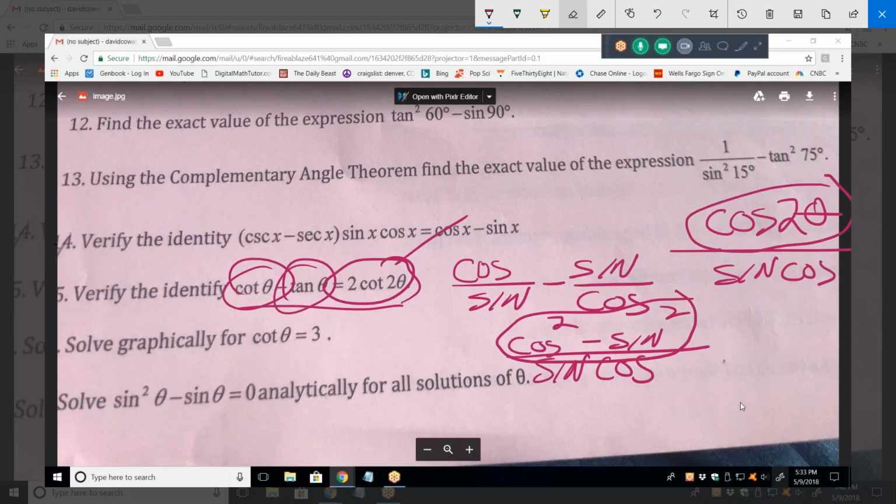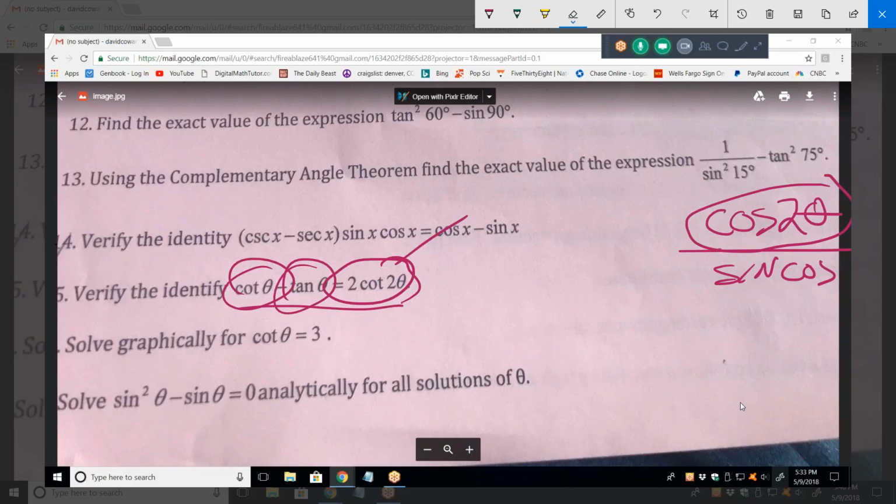What's another identity for cosine of 2 theta? 2 cosine squared theta minus 1. Or 1 minus 2 sine squared theta.